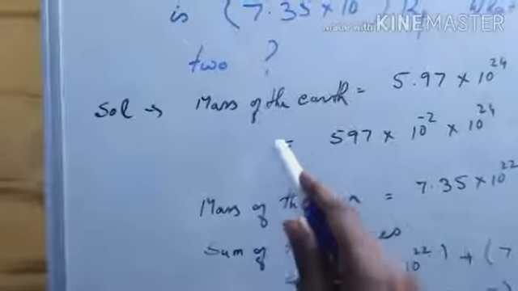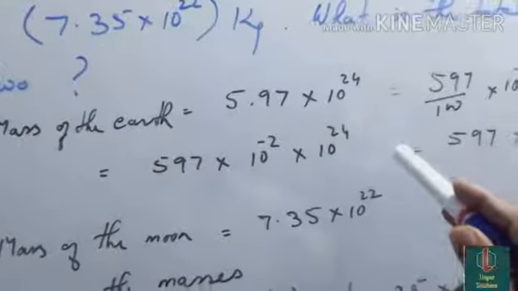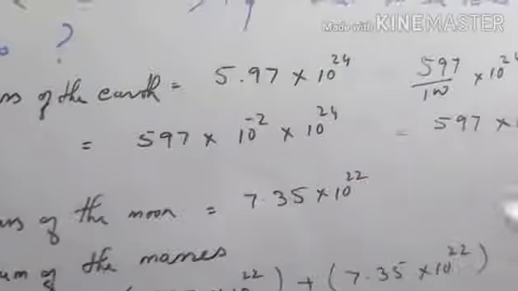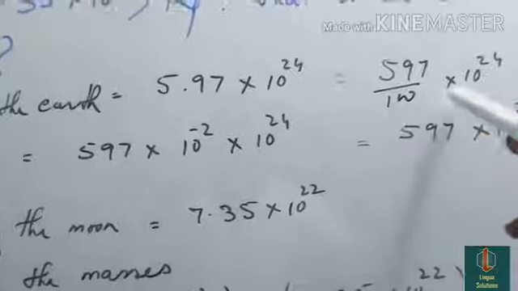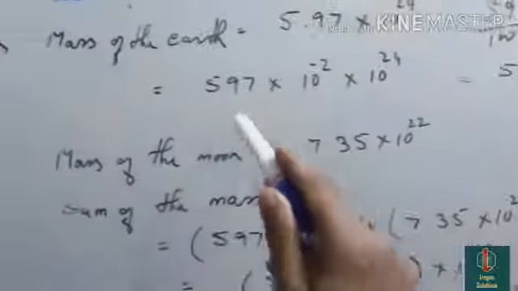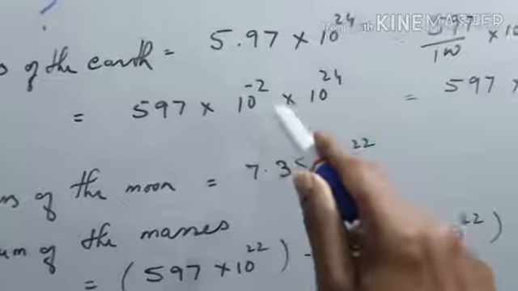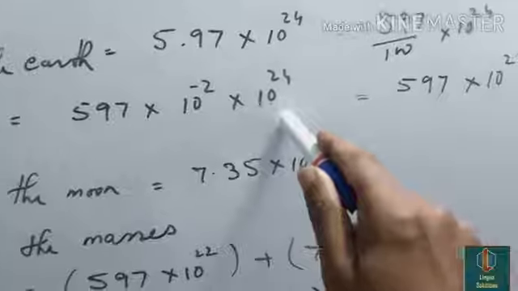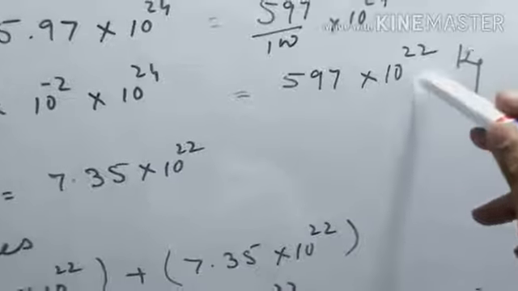So first, mass of the earth is 5.97 into 10 to the power 24. We can write it as 597 by 100 into 10 to the power 24. This will be 597 into 10 to the power minus 2 into 10 to the power 24, which is equal to 597 into 10 to the power 22 kg.